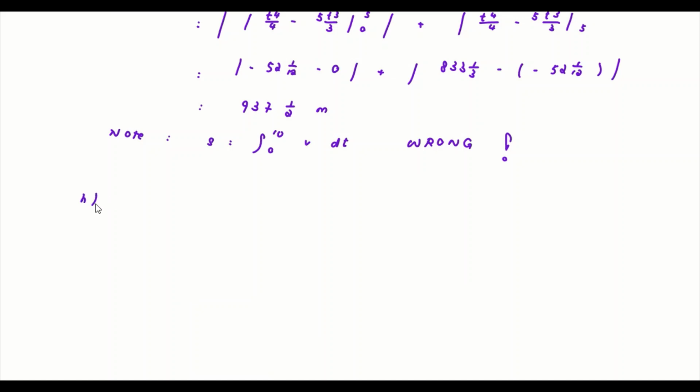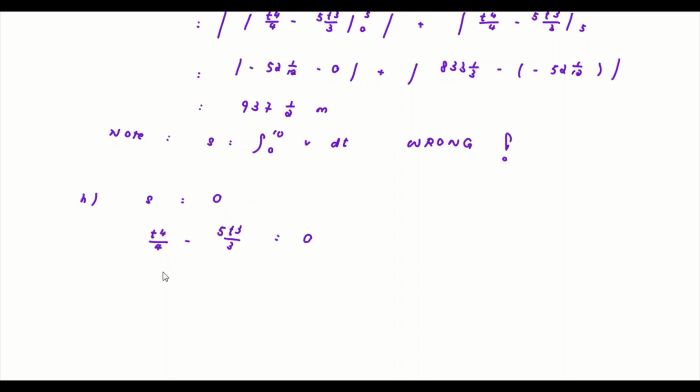So when S equals 0, this means it returns to the original position. We need to solve t^4 over 4 minus 5t^3 over 3 equals 0.